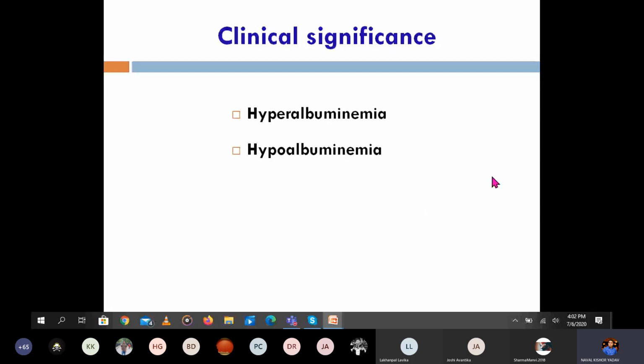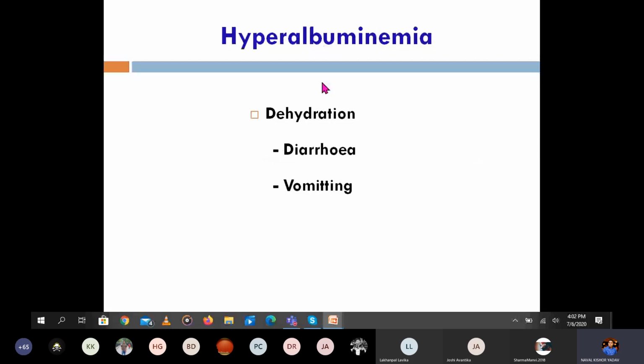Clinical significance: in which conditions is there an increase or decrease in albumin, hyperalbuminemia or hypoalbuminemia? What are the different conditions where you can see a decrease or an increase in serum albumin? For increase, there are very few conditions. Mainly it is related with the decreased conditions.